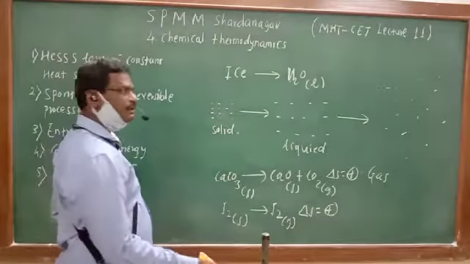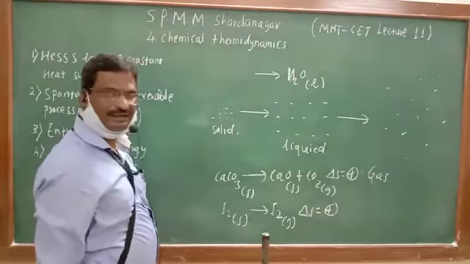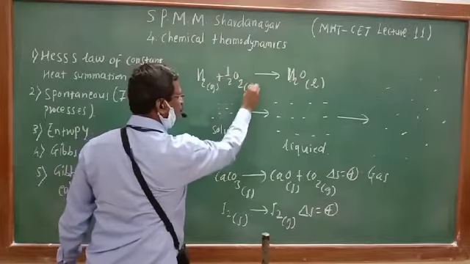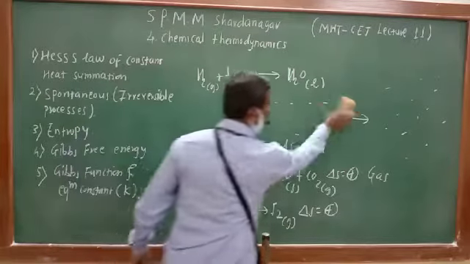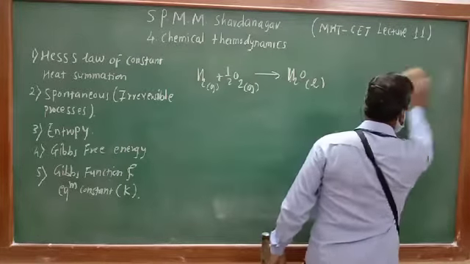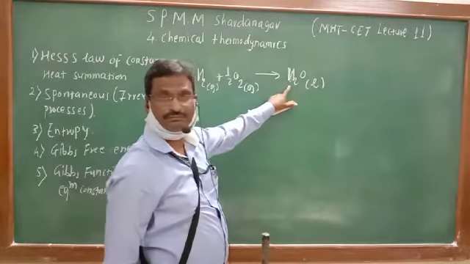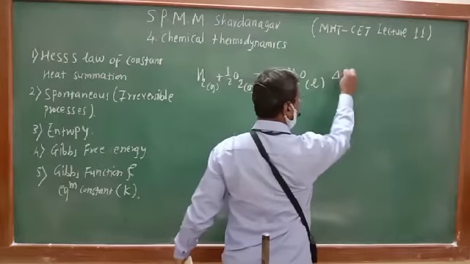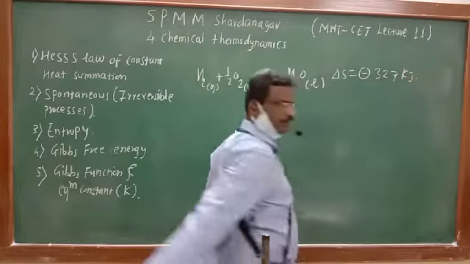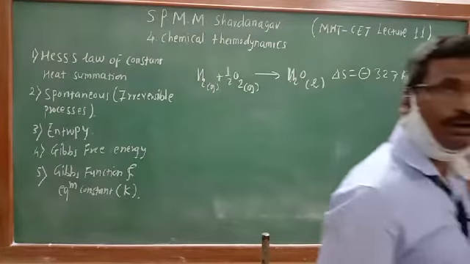But here also see one fact. If we see the example of H2 gas plus half O2 gas converted to H2O liquid, gases converted to liquid, delta S is negative and it is minus 327 joule per degree Kelvin.